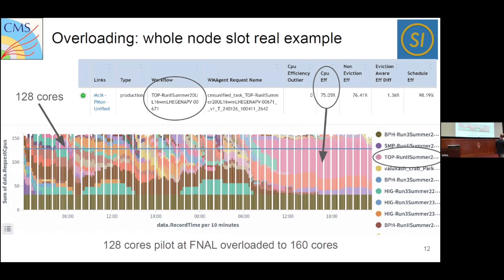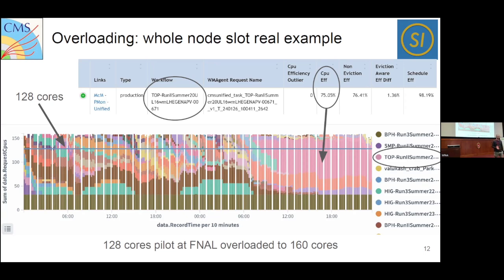We measured the efficiency of each workflow, and each color is a workflow. It's starting here running some jobs. Here we are running probably 20 4-core jobs, so 80 cores. Each one of the 4-core jobs is on average 75% efficient, and we are able to recover some CPU cycles by the overloading.